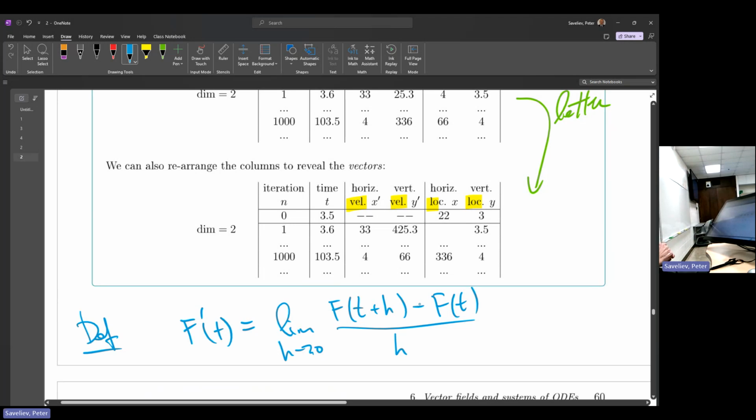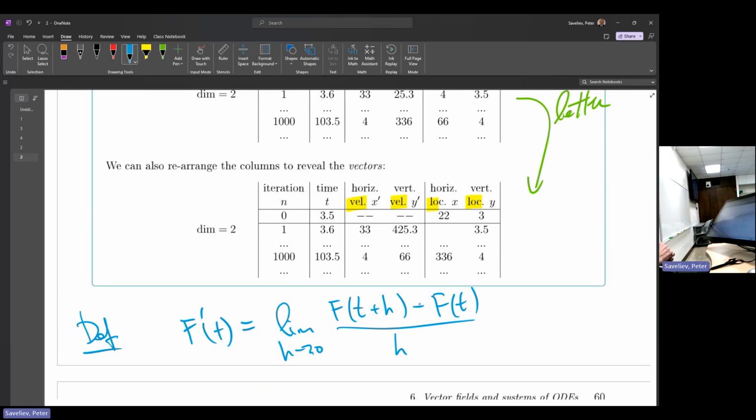The derivative at t of function F, but here I intentionally use the capital F, and you might be wondering what if F is in fact a vector. What difference would that make? The answer is it doesn't make any difference.